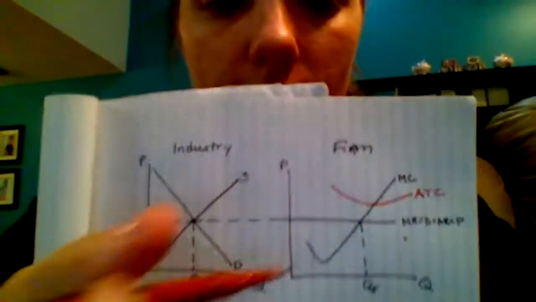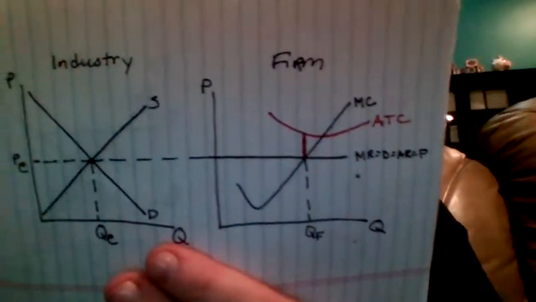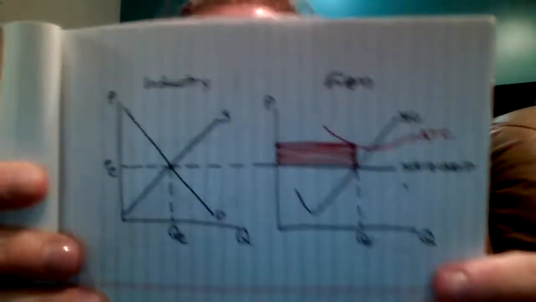So to shade the loss, I have to see that my price is here, my quantity is there, but my cost is up there. So I have to drag my Q up to my cost curve, drag that over to my price axis to find out how much it's actually costing me to make this product, and then shade how much money I'm losing.